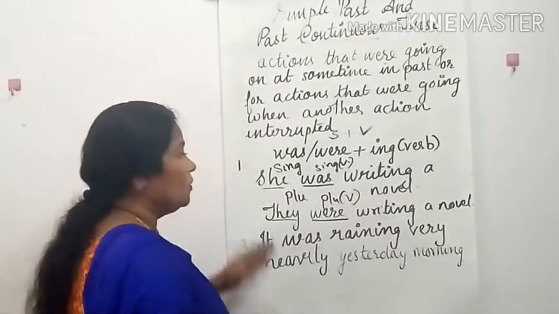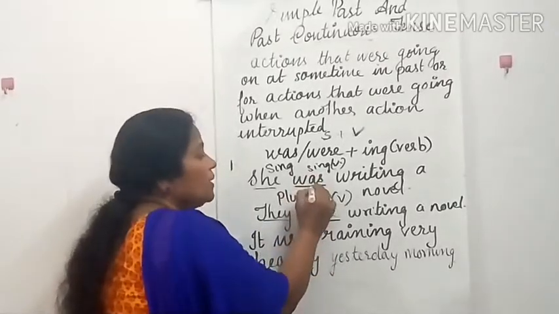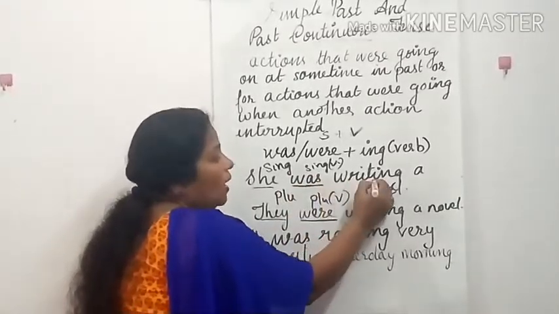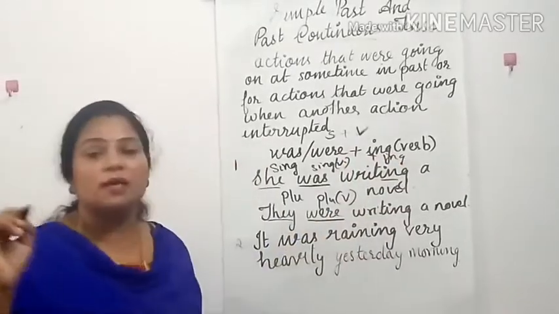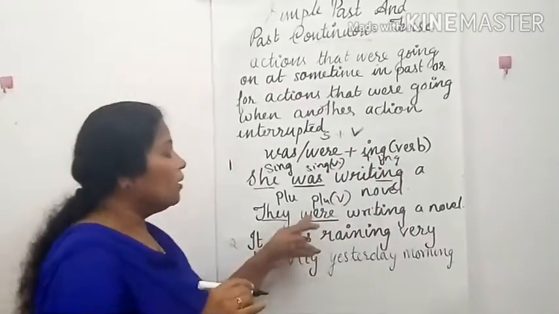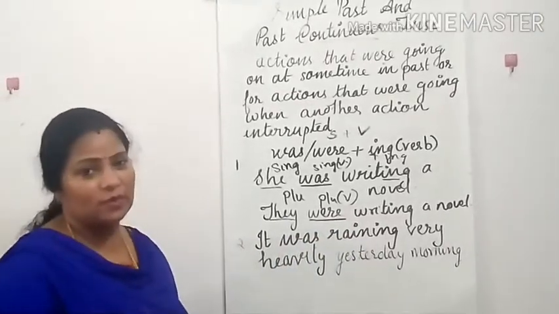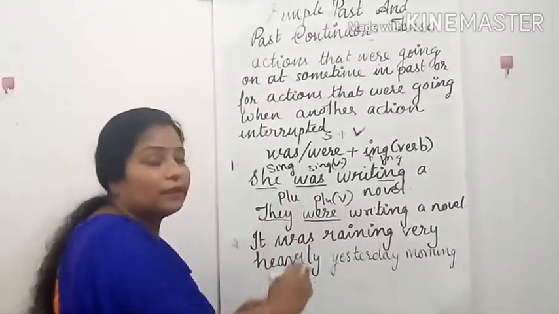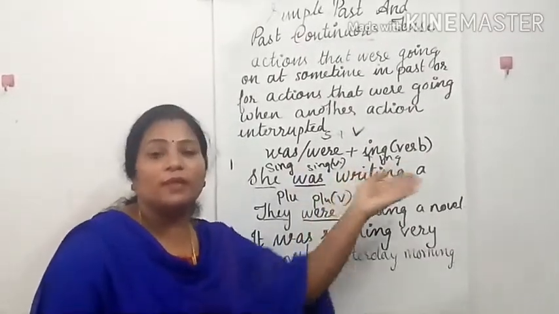Okay. So, she was writing a novel. That means when there is verb plus ing form, then we know that it is in the past continuous tense. Here verb plus ing form, again it is past continuous tense. Okay. So, this was an action that was going on somewhere in the past.